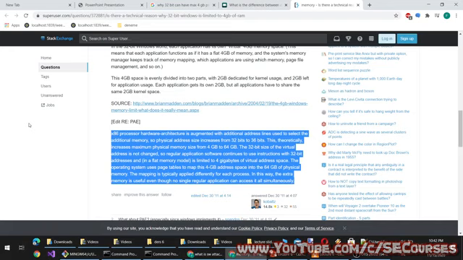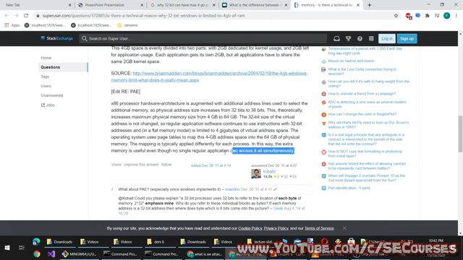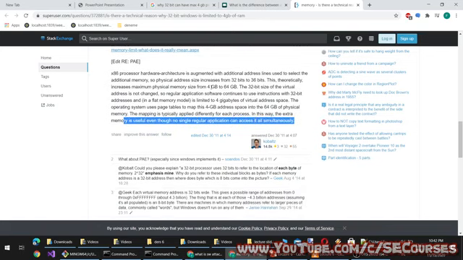The operating system uses page tables to map this 4 GB address space into the 64 gigabytes of physical memory. The mapping is typically applied differently for each process. In this way, the extra memory is useful even though no single regular application can access it all simultaneously.